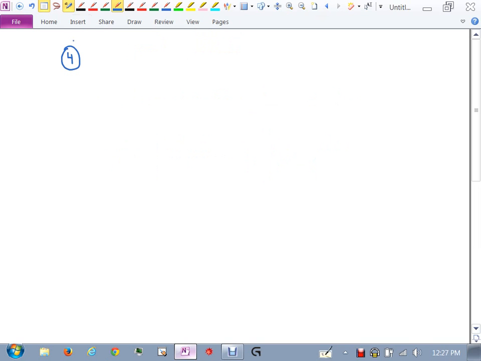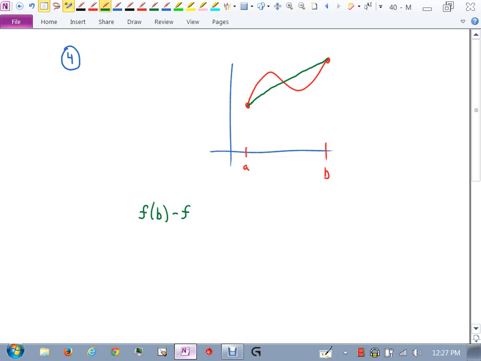You'll need it. What does the mean value theorem say? Yeah, the idea behind the mean value theorem was this. If you have a function that starts at a point A and ends at a point B, the slope of the line connecting the endpoints is rise over run, which would be f of b minus f of a, that's your rise, divided by b minus a, the run.